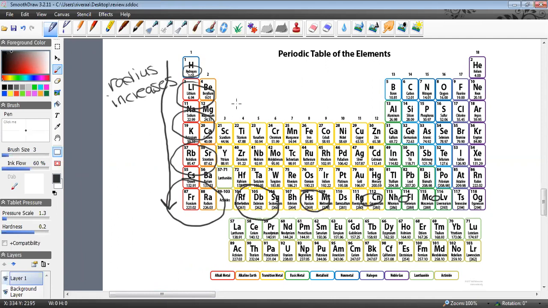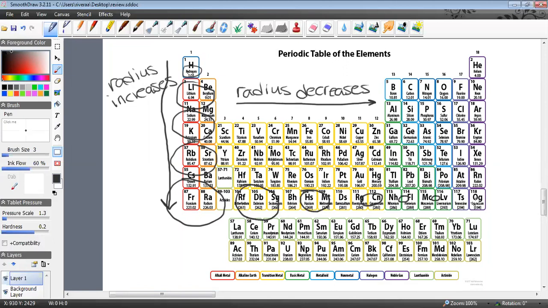Okay, so when we go this way, radius decreases. Because when you go across a period, you get more and more protons in the same energy level. And so those protons pull the electrons in tighter. And so when the electrons come in tighter, the atom is now smaller.